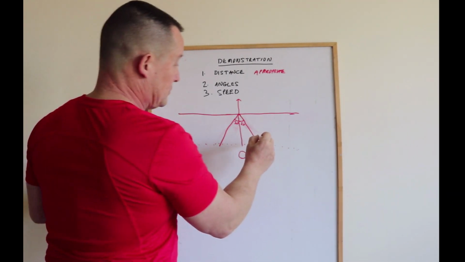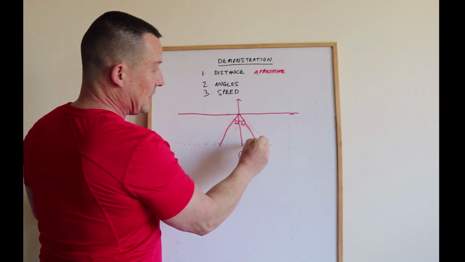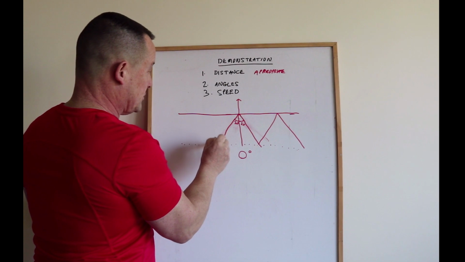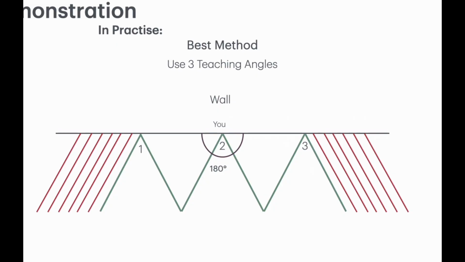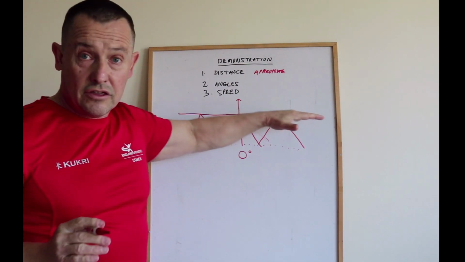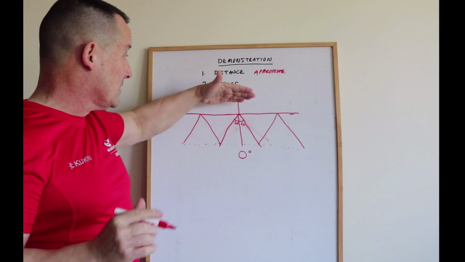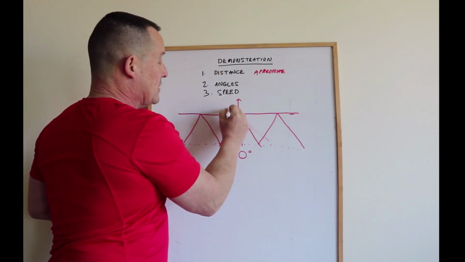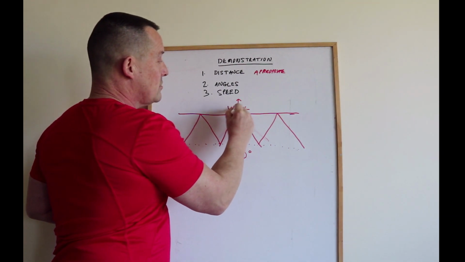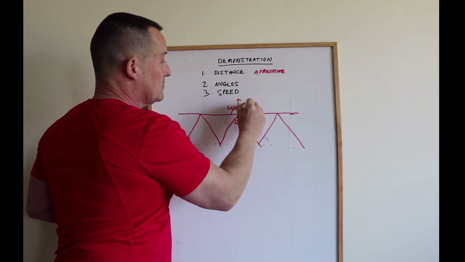There's a better way of doing it altogether though, and I call this a 3-point method of teaching. So what we've got is we've got the people here covered, we also need to have the people here covered, and we also need to have the people here covered, like this. Now, if you have a wall like this, or a track, or anything like this, this is a flat wall here. It is 180 degrees around.